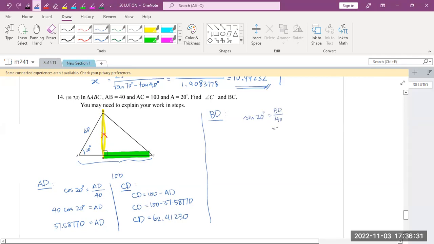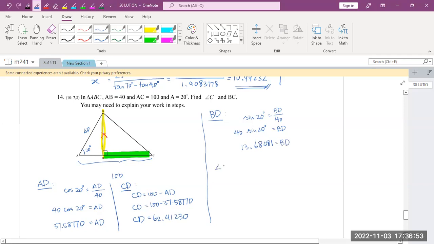So BD is 40 times sine 20 degrees. That is 13.680805.